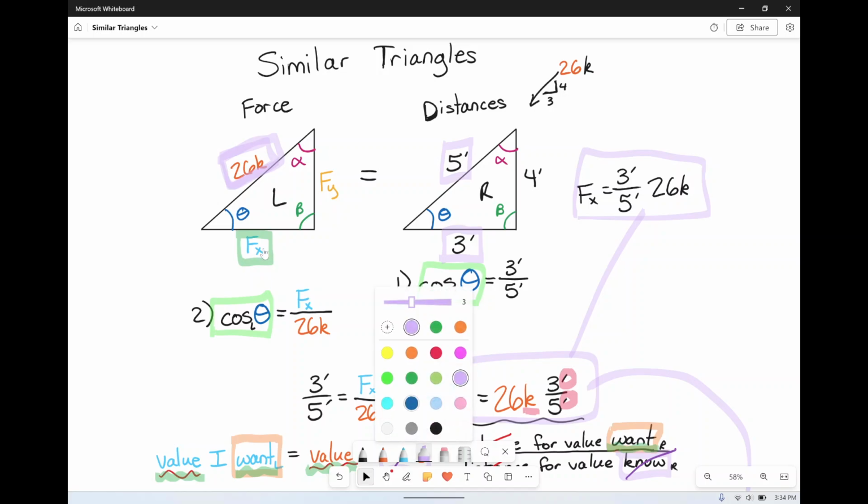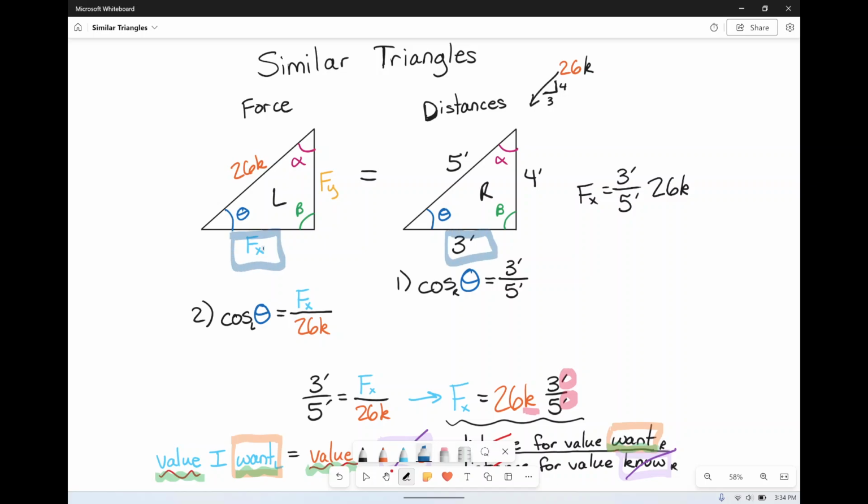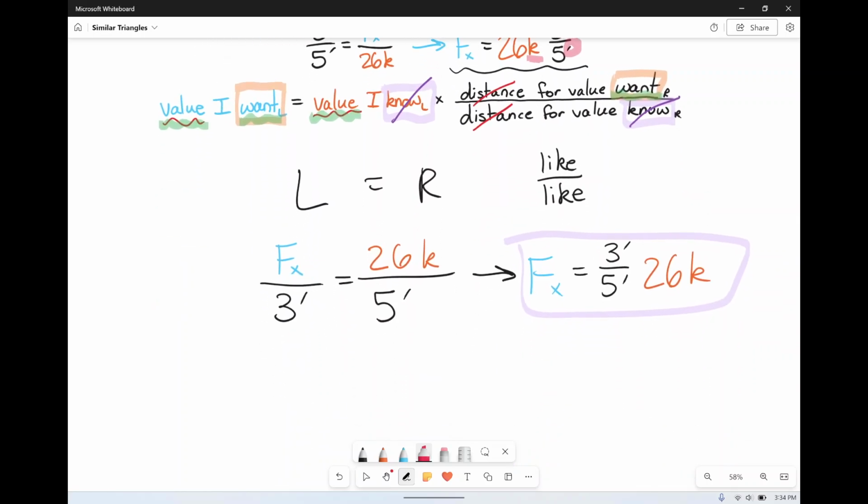Or if you want to do the same thing like horizontal to horizontal, right? So we're doing horizontal here, horizontal there. And then we're going to compare that to hypotenuse here, hypotenuse there. It doesn't matter, either one, like to like or left to right, either one works.